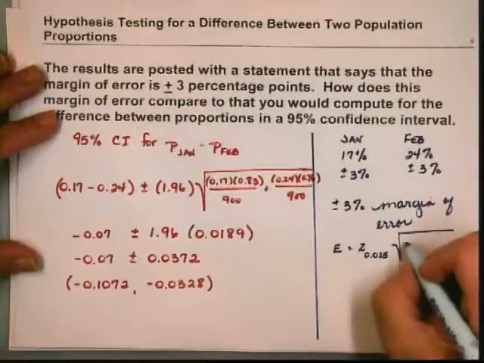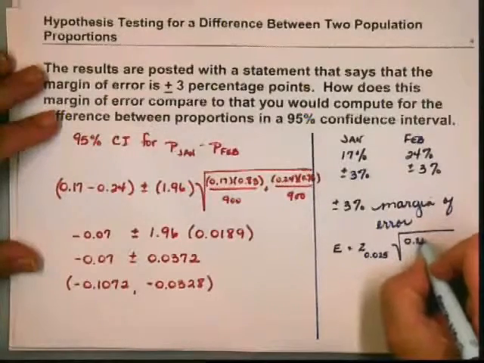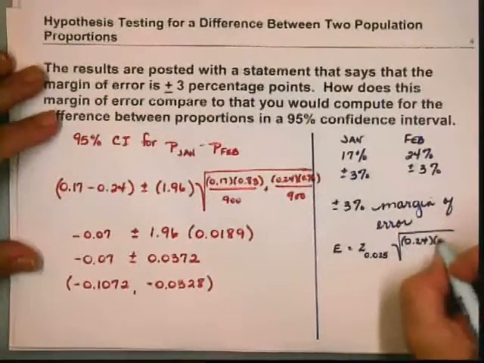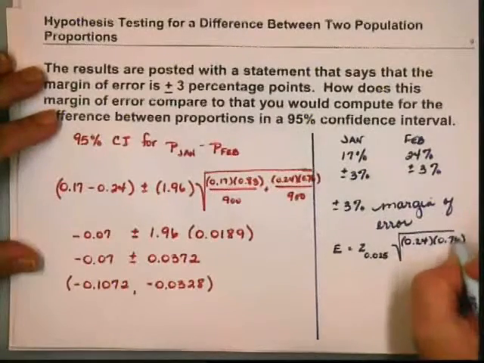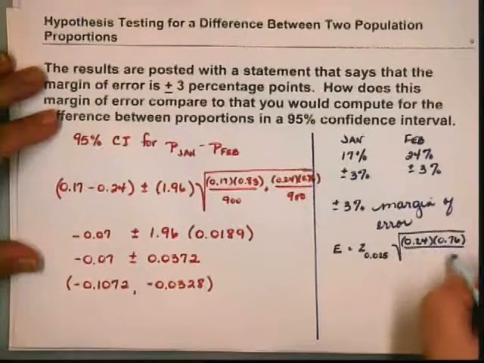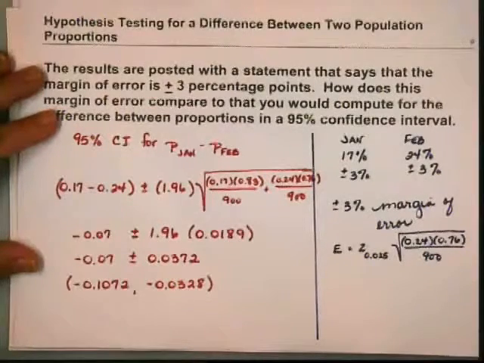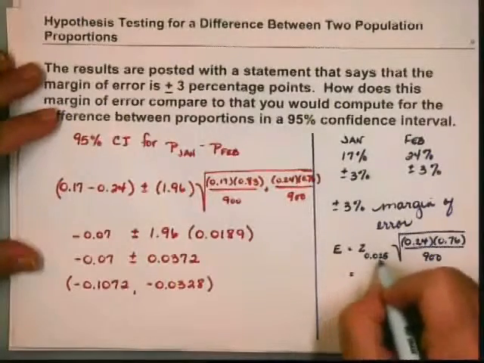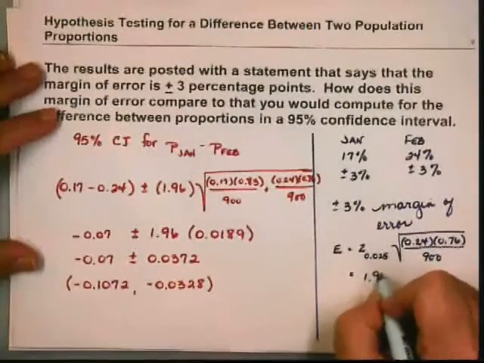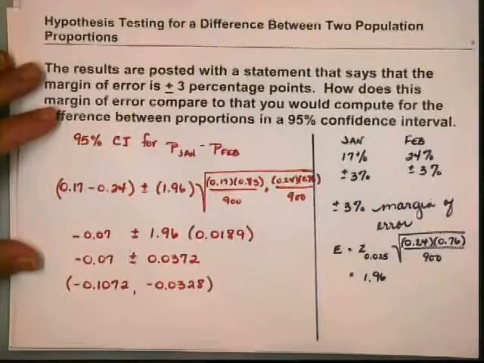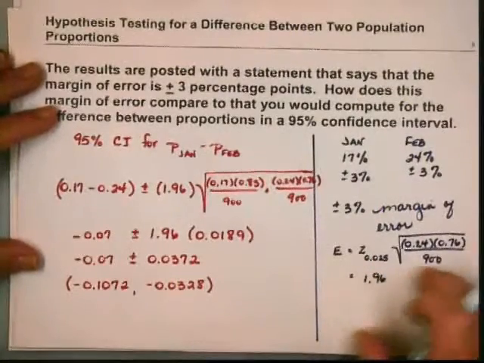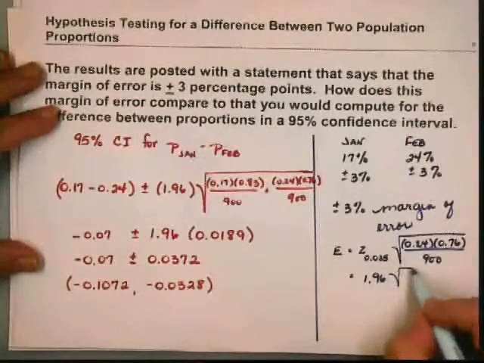Let's look at 24%. For this, I'm going to need your calculator because I did it for 17%. I want to compare what they are. So this 1.96 is going to replace this z with 0.025 times this square root quantity. And tell me what you have.